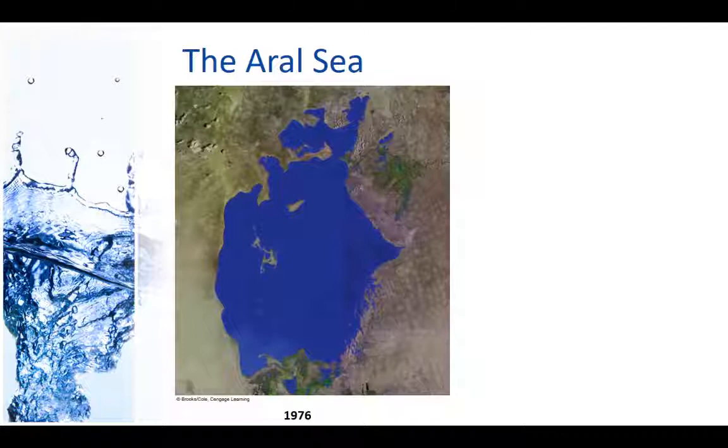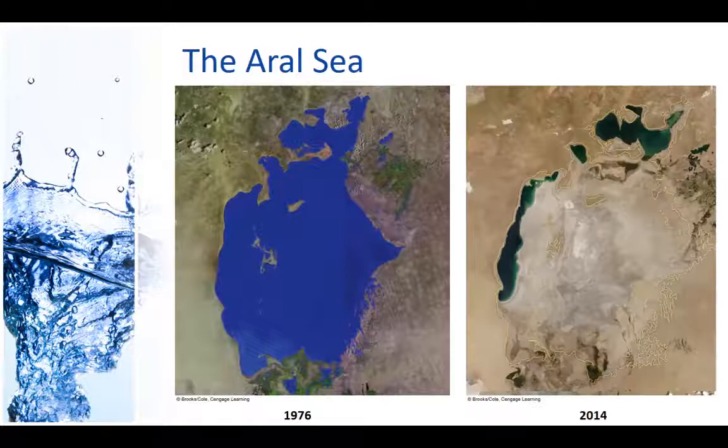In the satellite photos I've been showing you, from 1976 to 2006, it has split into two major parts, the Little Aral on the left and the Big Aral on the right. And as the lake shrank, it left behind a very salty desert, economic ruin, and increasing health problems with severe ecological disruption.